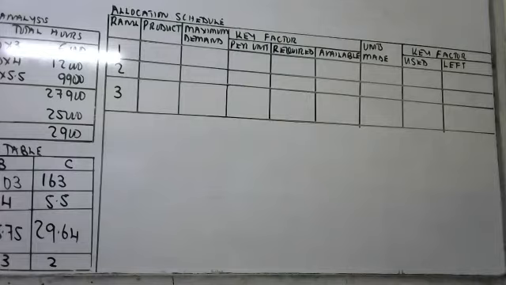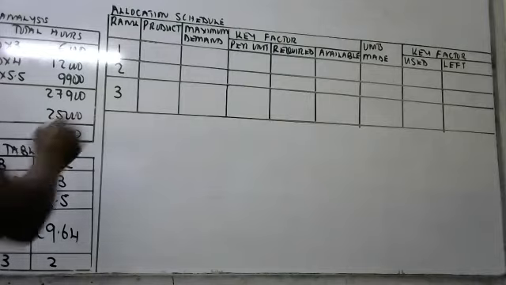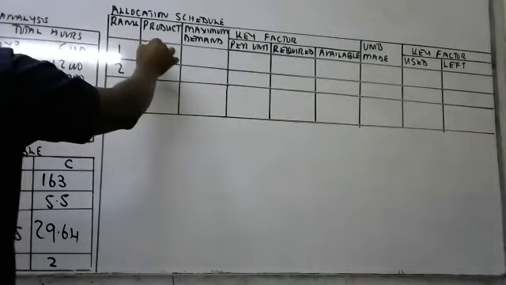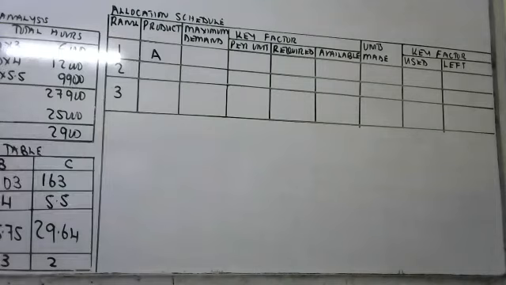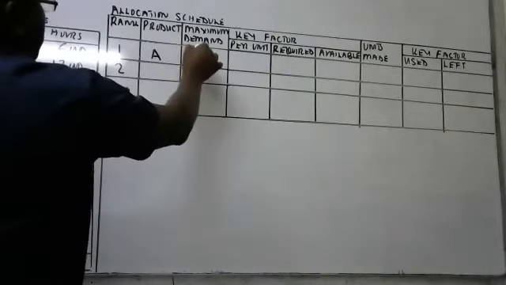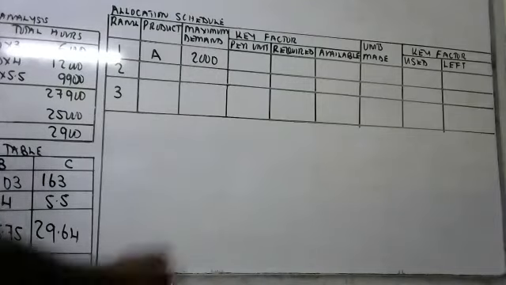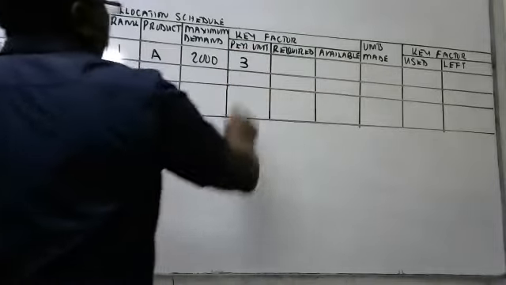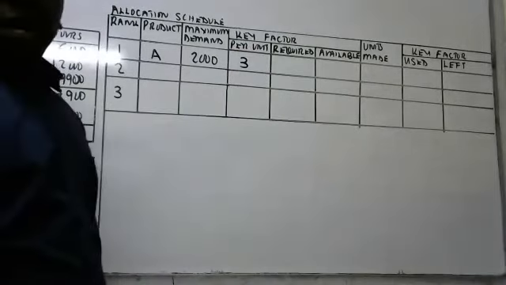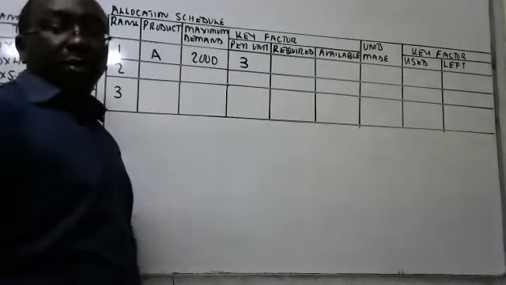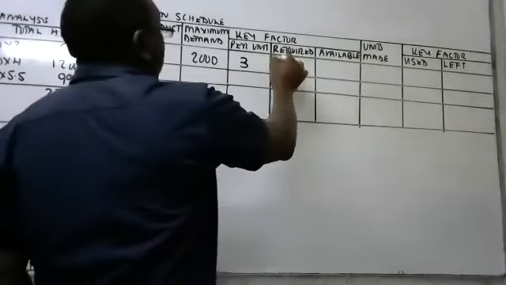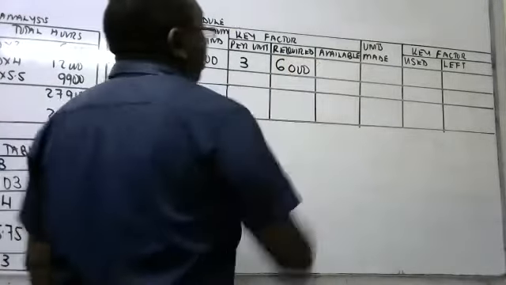The product that is number 1 is product A. Product A has a maximum demand of 2,000 units, and each unit requires 3 hours. So if you multiply 2,000 by 3, you get 6,000. That is what we require.